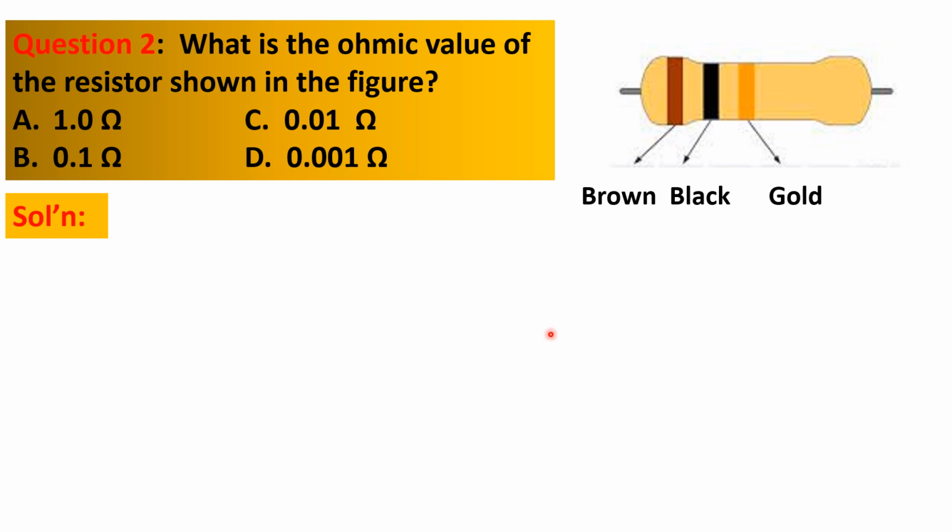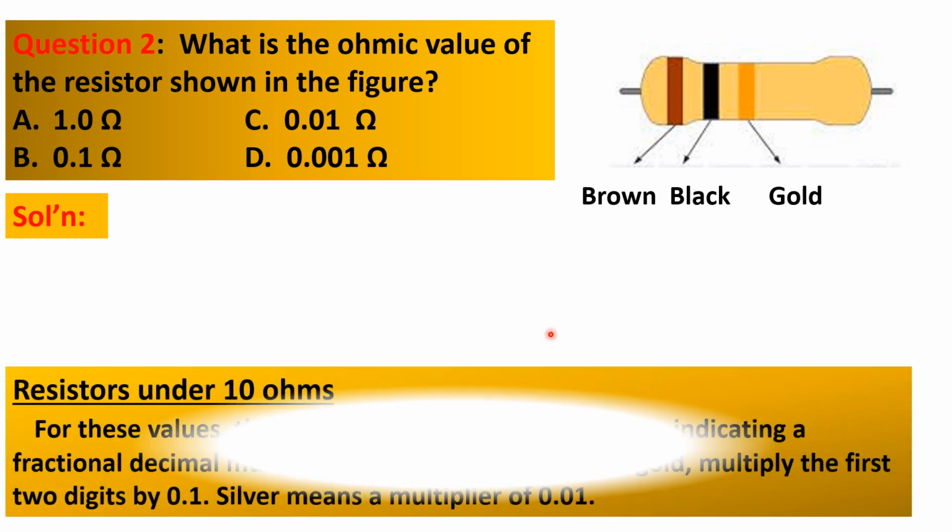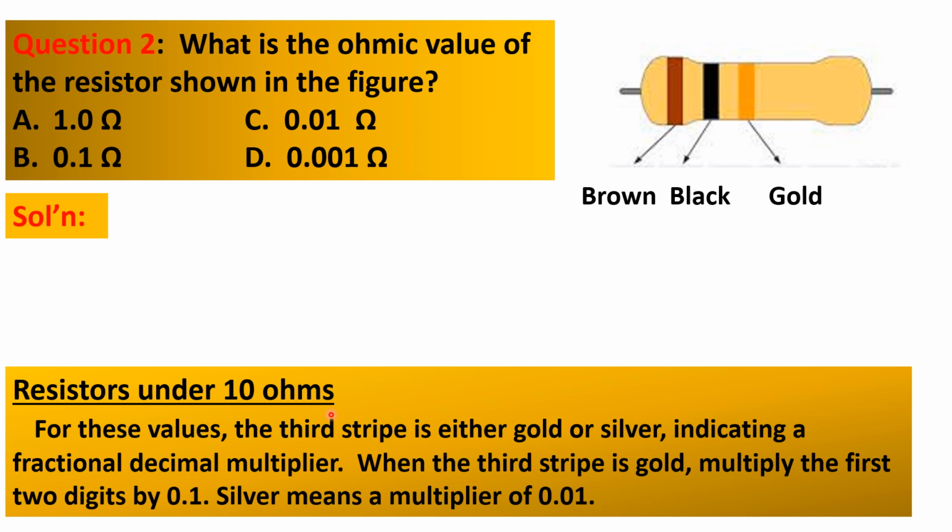So this kind of resistor is an example of a resistor whose actual resistance is below 10 ohms. For these values, the third stripe could either be gold or silver, indicating a fractional decimal multiplier. Just like in our drawing, the third stripe is gold.